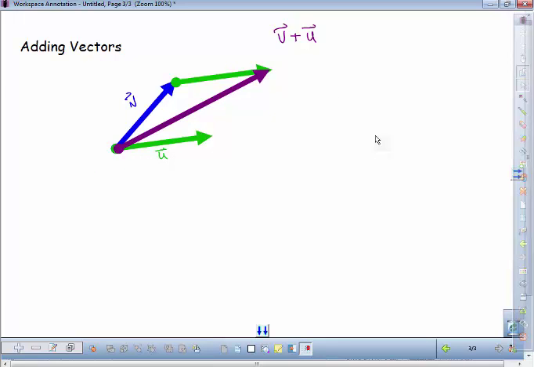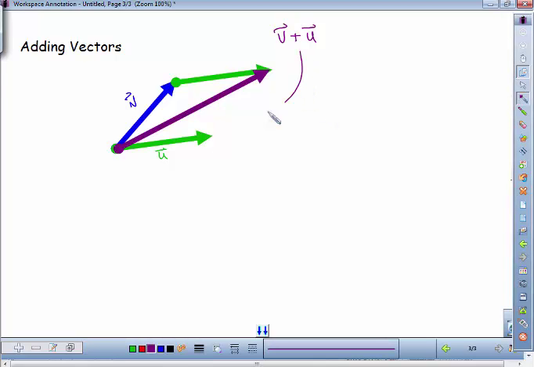So that vector is the new vector. And vector addition is commutative, which means you can switch the order. Visually, you can think about v and u being added, where v goes first and then u goes second.